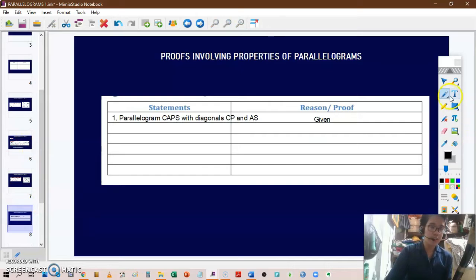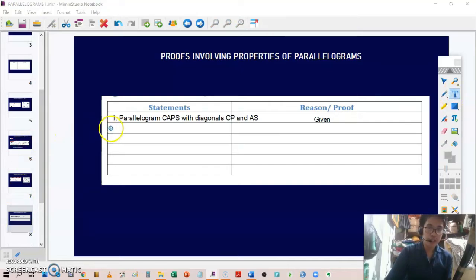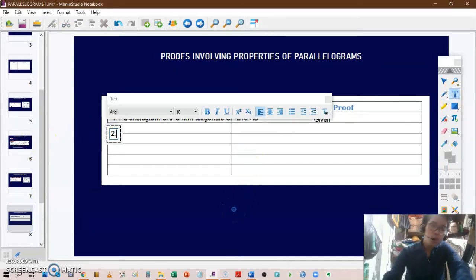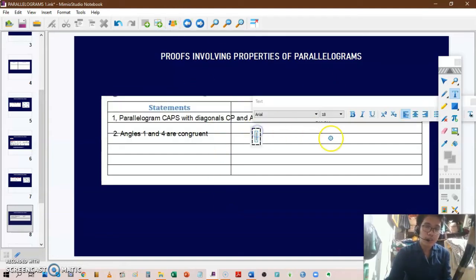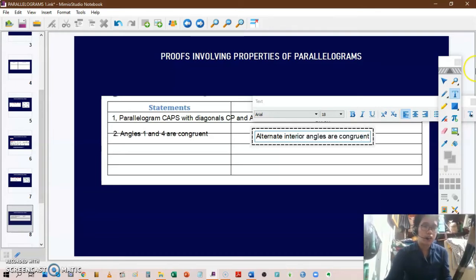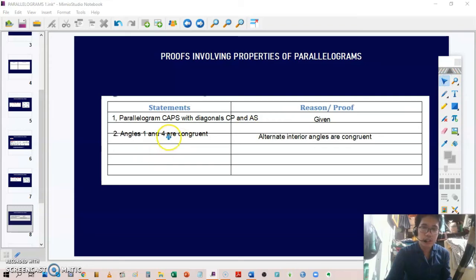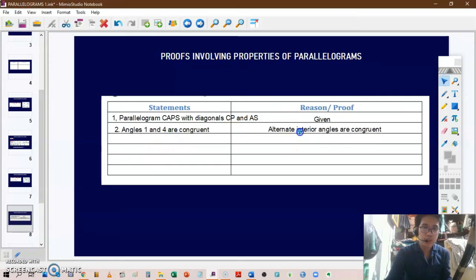So for number 2 we can write that angles 1 and 4 are congruent, and they're congruent because alternate interior angles are congruent.